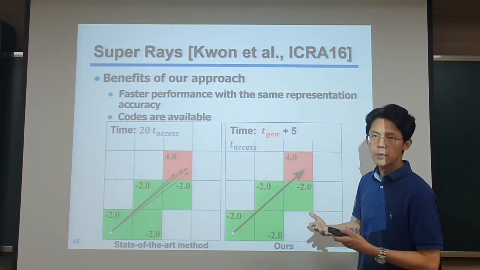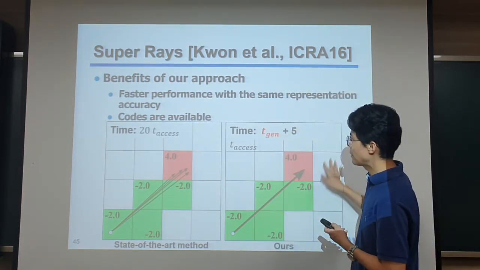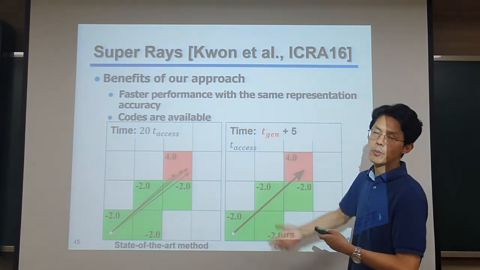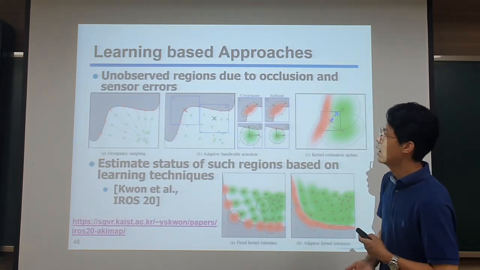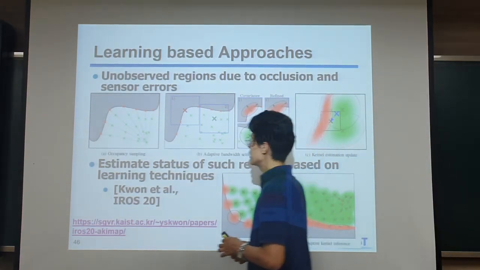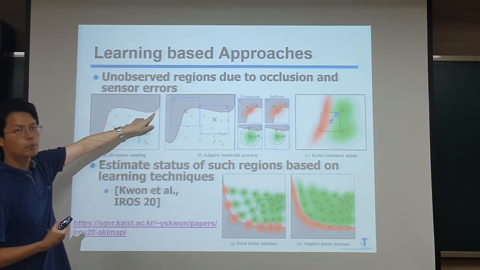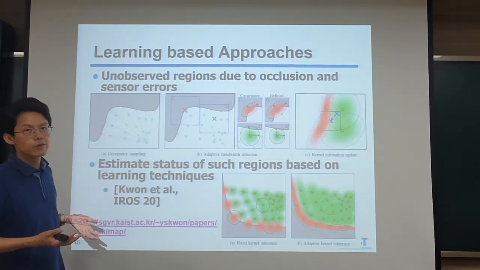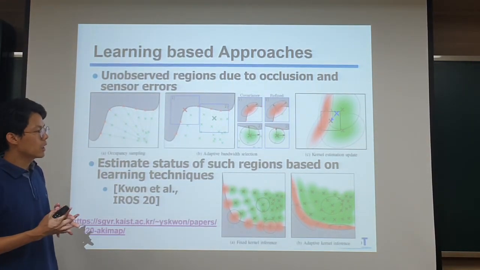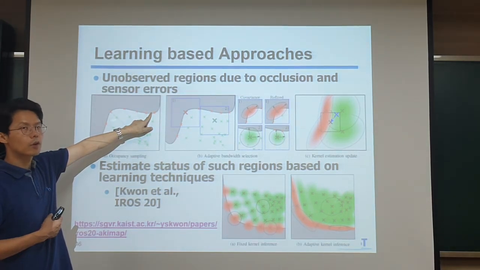That way, we can very efficiently update the sensor data, keep this map representation, and do other operations like collision detection. There could also be a learning approach. For example, we might have sensor data here, one point, and another point, but in between you don't have any information, right? Depending on your application, we want to know whether there is an obstacle or not there.